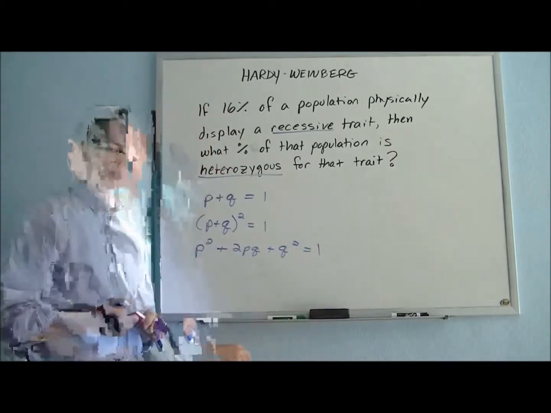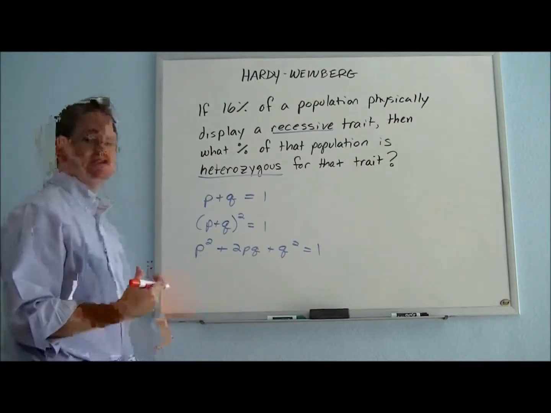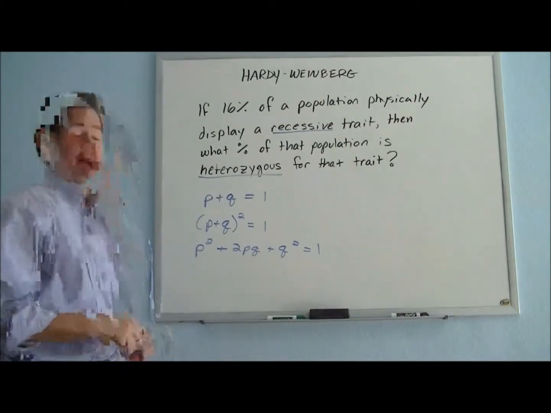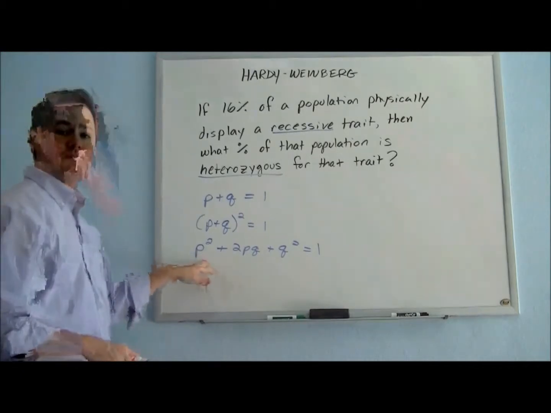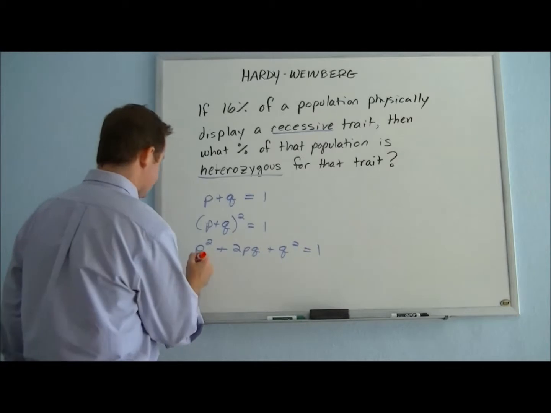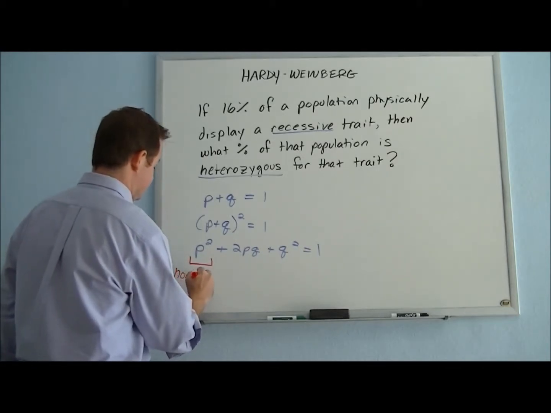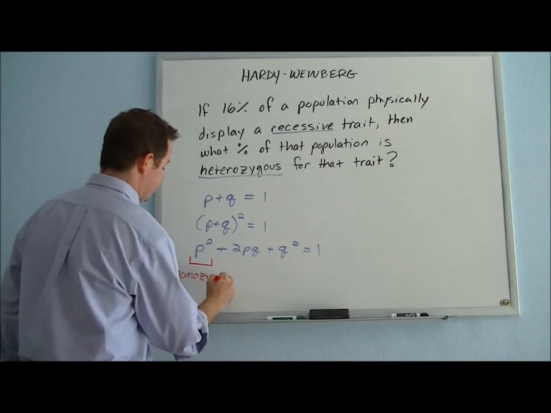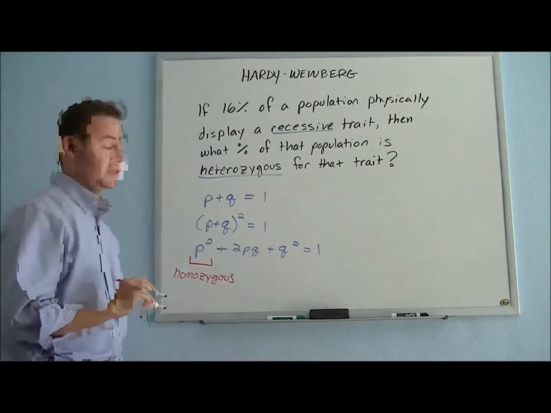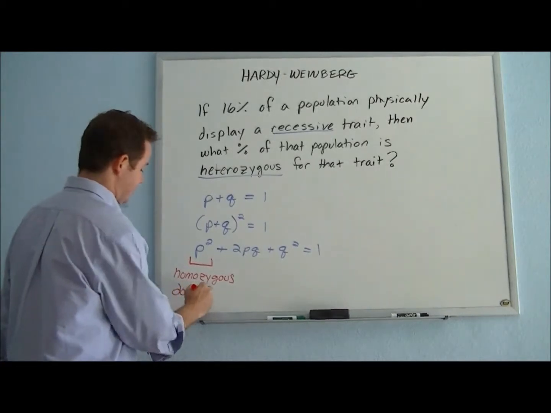Now for this equation, the P squared represents the percentage of the population that receives 2 of the P alleles, or 2 of the dominant alleles. This is something that we would refer to as homozygous, which means that you're only getting one type of allele. In this case, P squared represents something that is homozygous dominant.